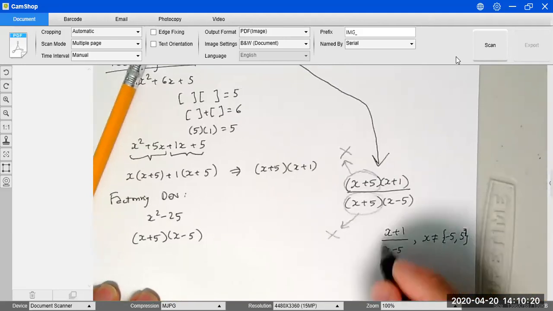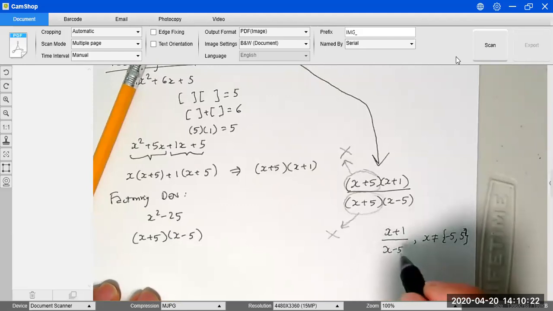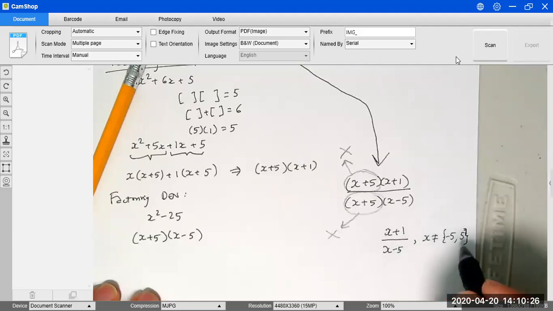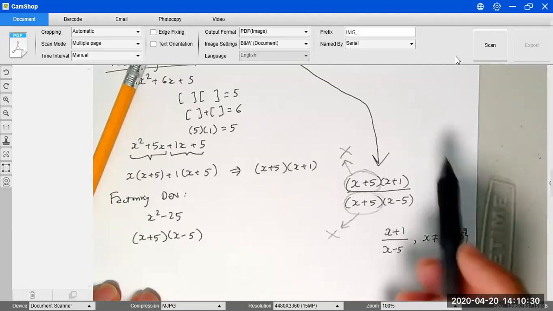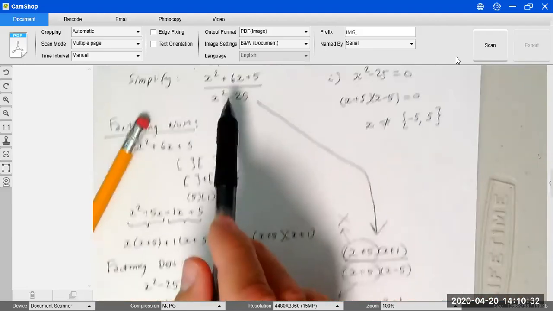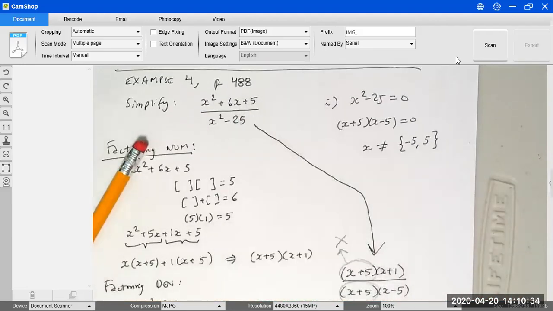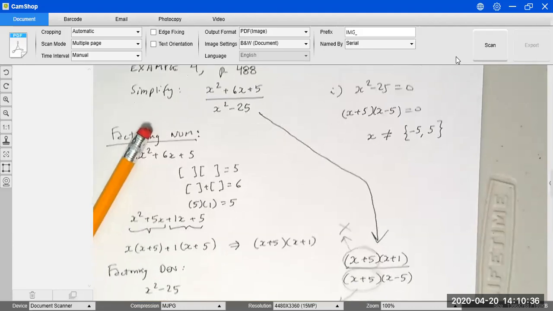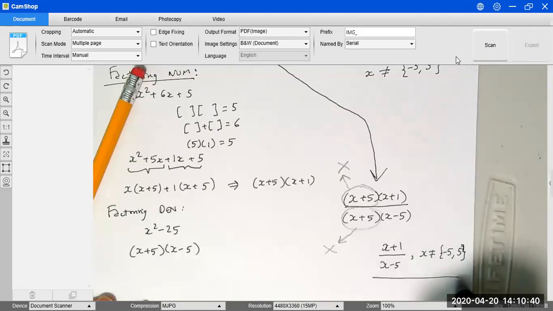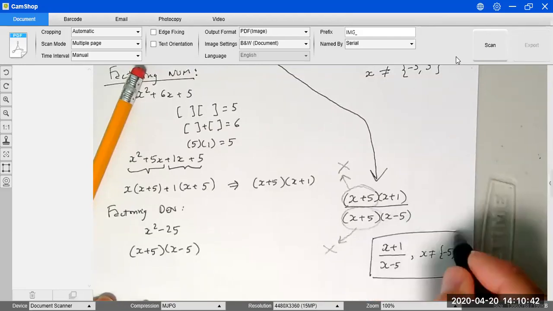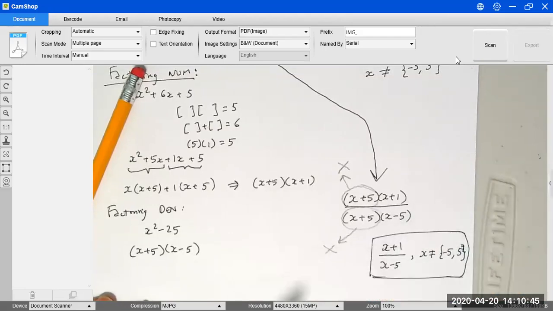If you check the restrictions of this new rational expression, you're going to see that there's only one restriction. It's going to be 5. But negative 5 is not going to be recovered from this rational expression. That's the reason it's important to work with the original rational expression to find the restrictions. So the final answer is just x plus 1 over x minus 5 with those restrictions.